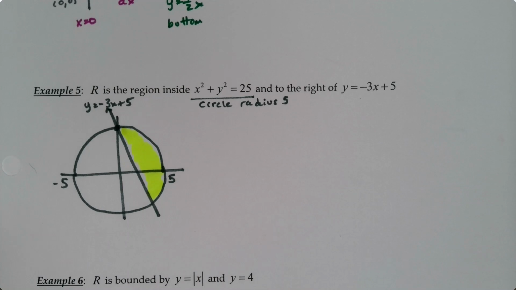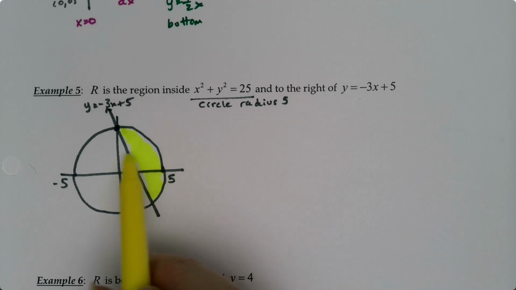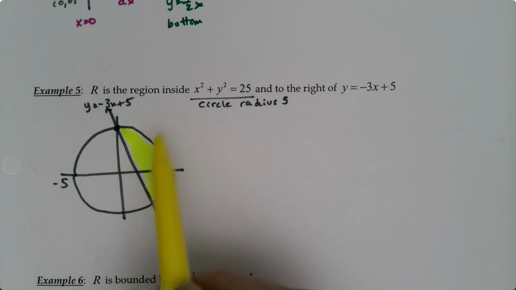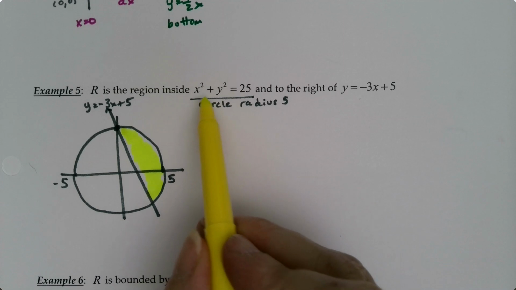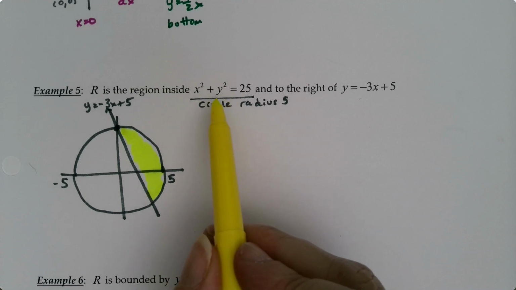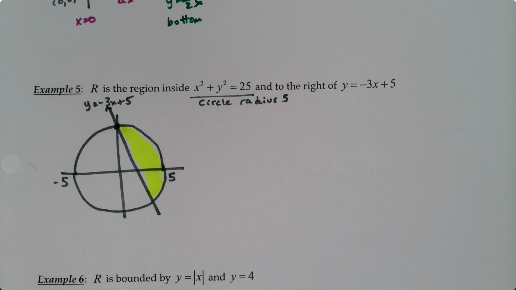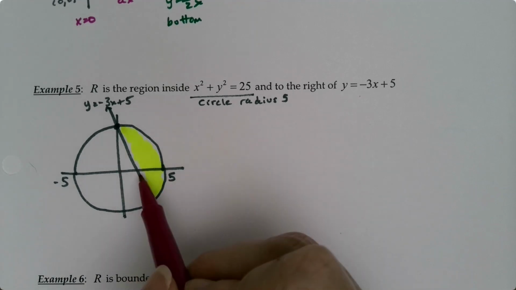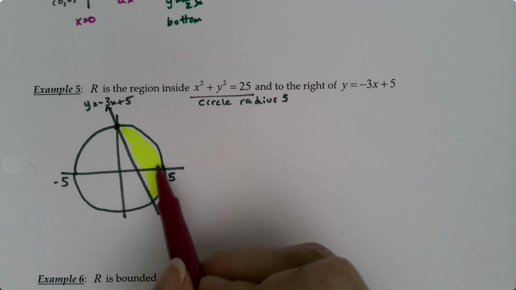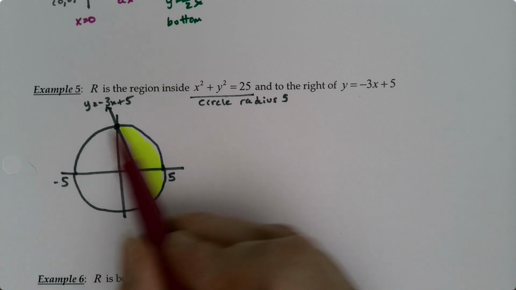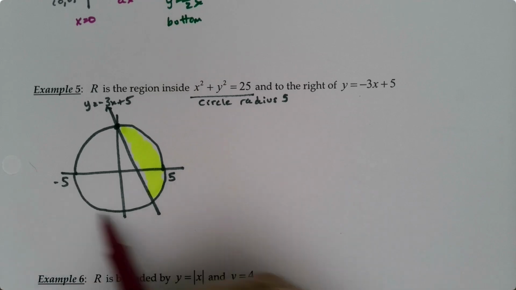Okay, now circles are a little tricky because they're not functions in terms of y or x. So they can be a little dicey. So you have to think about it. If you wanted to go vertical, the problem is that you'd have y equals for the top half and y equals for the bottom half.